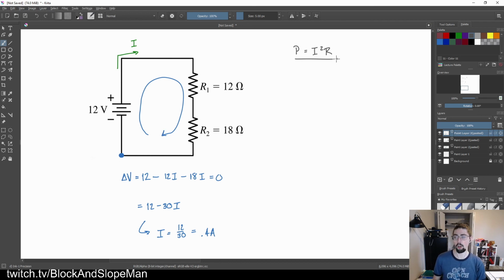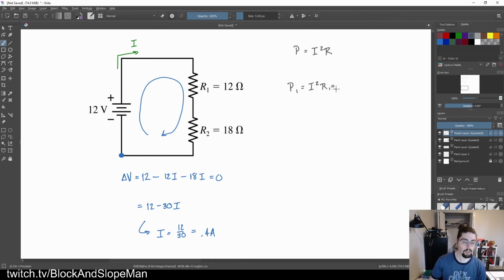Because it's the same current, then all we need is the resistor values for each one. So I want to label this as P1, power through the first resistor. Power through the first resistor, P1, is equal to I squared times R. Plug in 0.4 for I. Plug in 12 for R, R1 specifically.